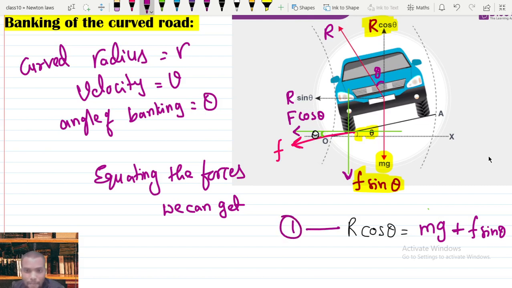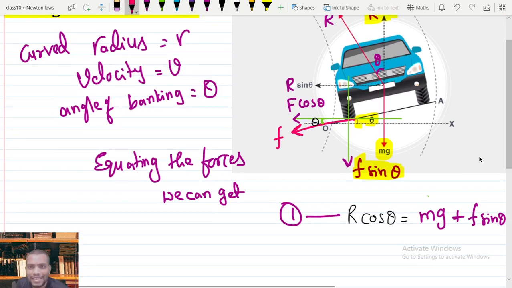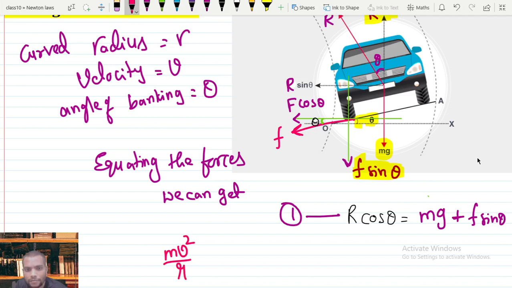And we know that the centripetal force will act towards the inside. So the centripetal force mv square by r should equal the inward forces. Here the remaining forces are nothing but R sin theta and F cos theta.